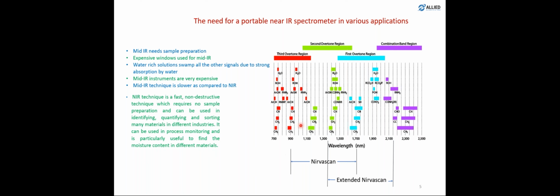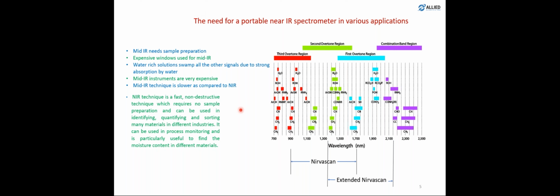Our NIRvascan standard model works in the 900 to 1700 range, and that is the second overtone region. We also have an extended NIRvascan that works from 1350 to 2150, and that's in the first overtone region.